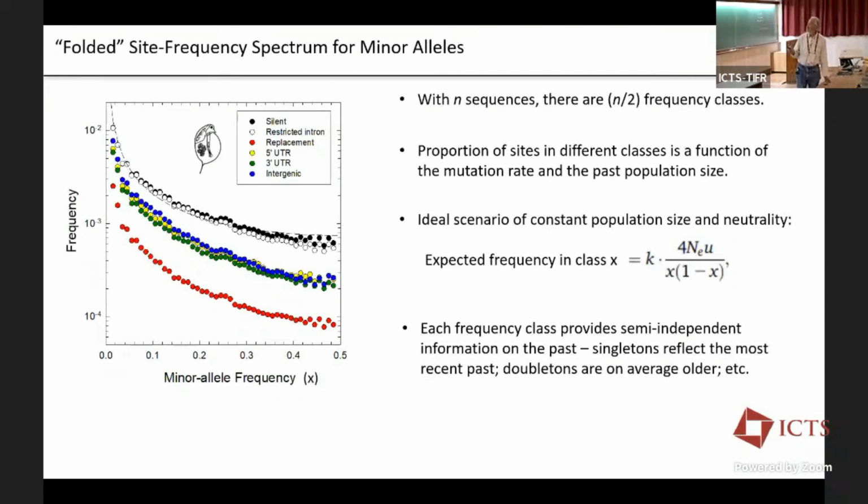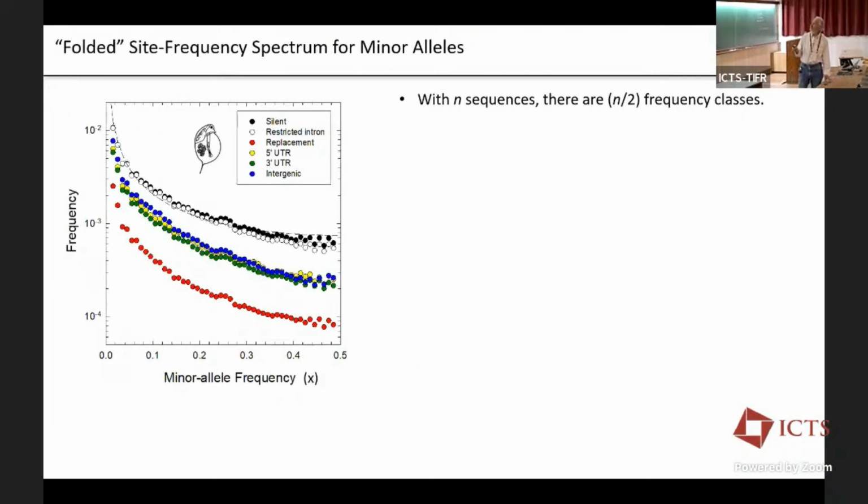And then what we're asking is what fraction of sites have this frequency, what fraction have that frequency, and so on. So it's the frequency of frequencies in populations.